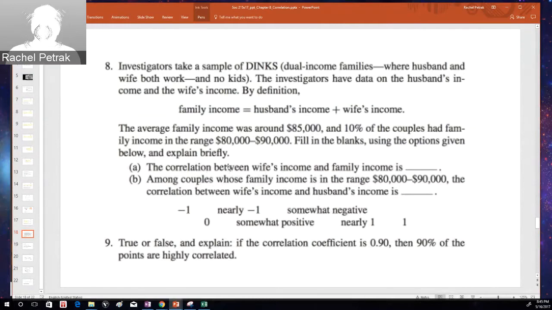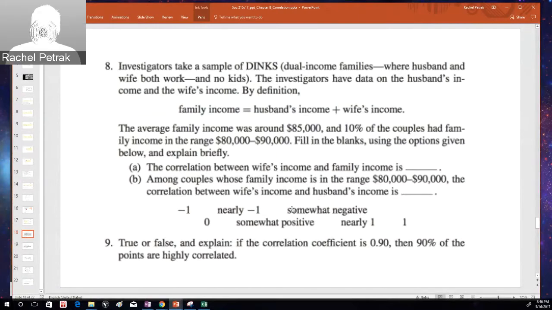So let's first approach this as we did our early ones by thinking about the direction. Do we expect wife's income to be positively associated with the family income or negatively associated? Well, we're going to expect it to be positive, of course, because as the wife's income goes up, family income is going to go up.